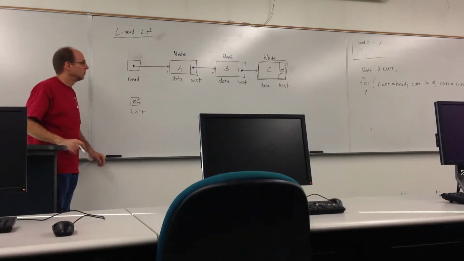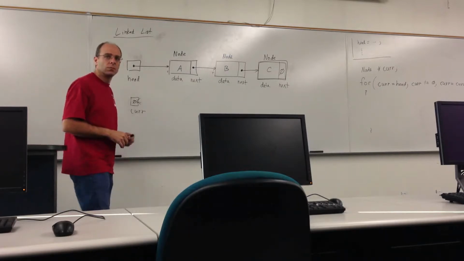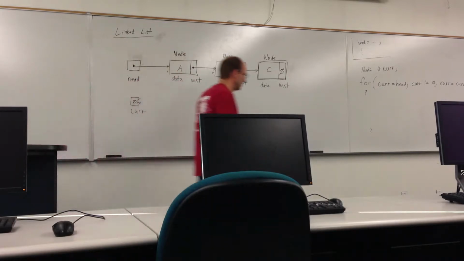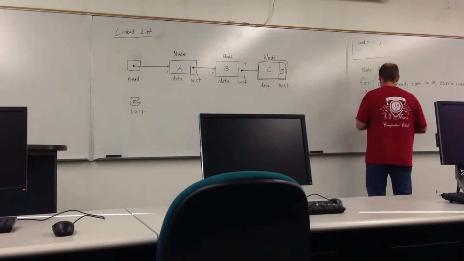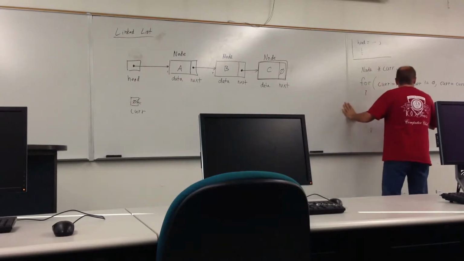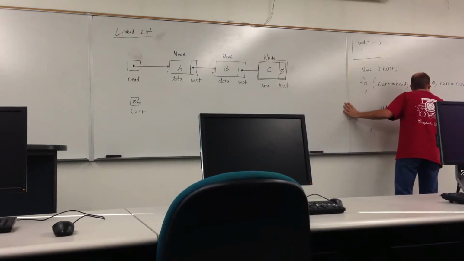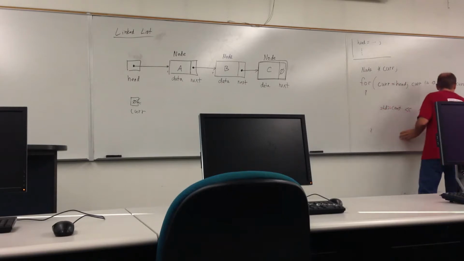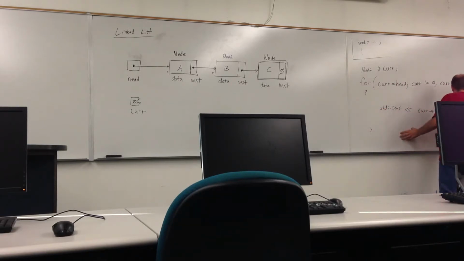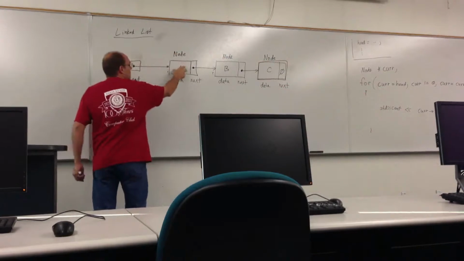So, for accessing the data member, we can't just say head arrow data, because then it wouldn't be head the next time around, would it? Right. We'd end up printing out the A 3 times if we did that, right? Head arrow data will always point to this.